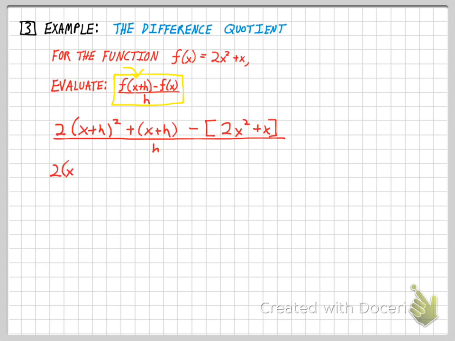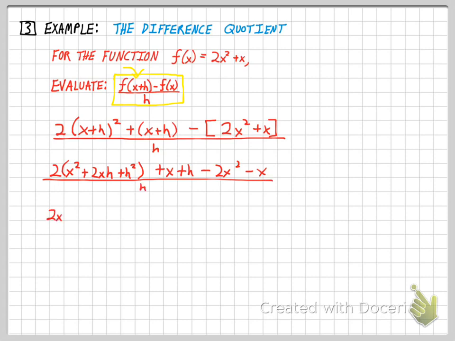2 times x squared plus 2xh plus h squared plus x plus h minus 2x squared minus x all over h is what I get in the next step.